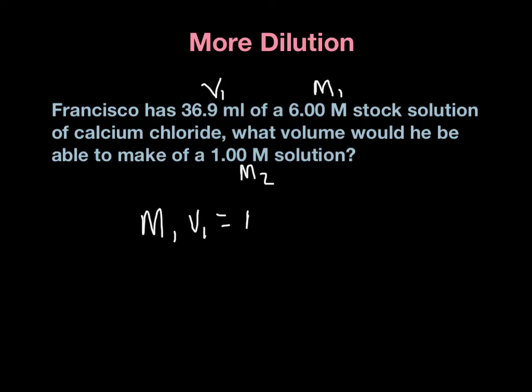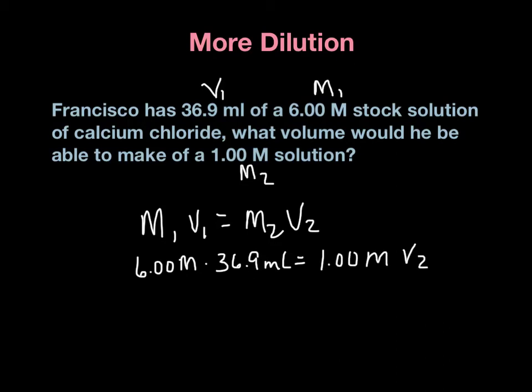M1 V1 equals M2 V2. And so for M1, I'm going to put 6.00 molar times my volume 1, which is 36.9 milliliters, equals M2, which is 1.00 molar, times V2. And so when I solve for V2, I get 221.4.